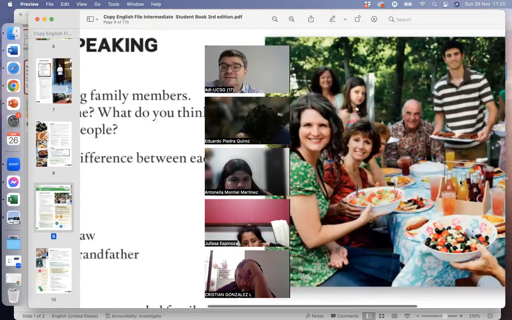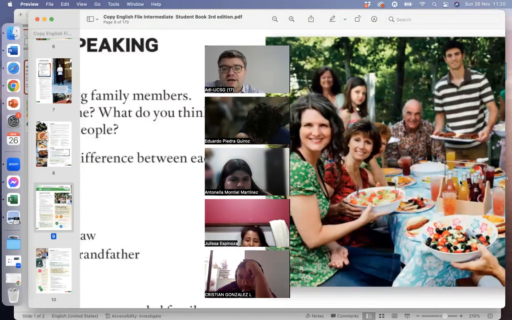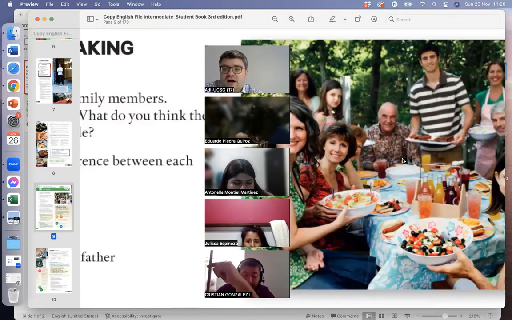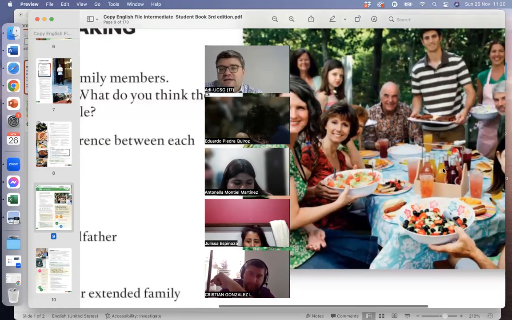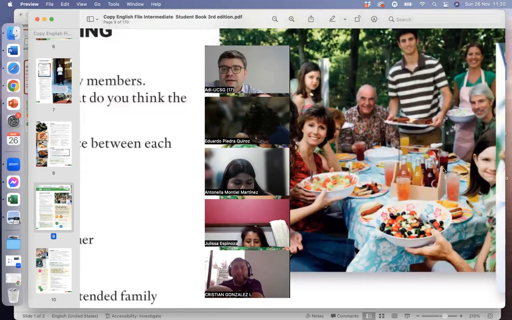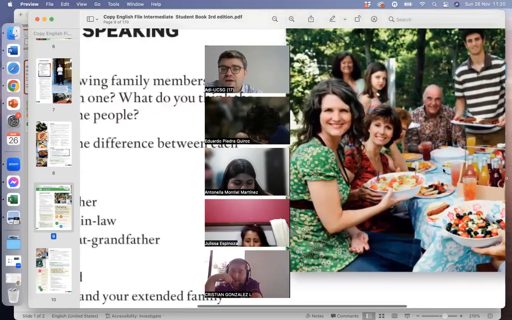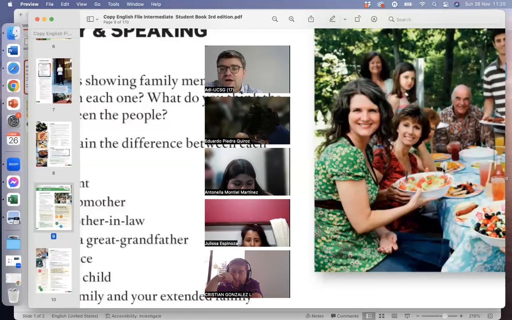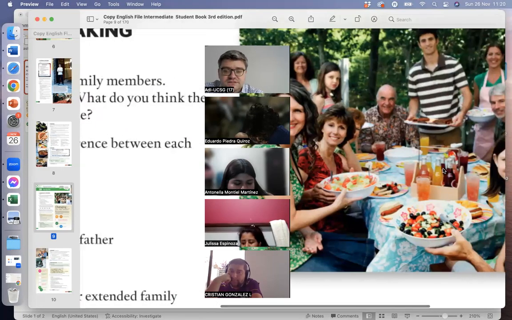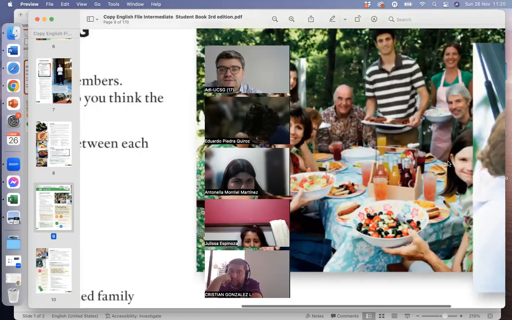So this could be an extended family, meaning husband and wife with their respective parents and also their kids. Or it could be, as someone said, uncles, aunts, and nieces also there, because it's a big gathering. Everyone seems to be happy. Everyone seems to be enjoying and having a good time. Yeah, that's it. That's how you can describe this picture.